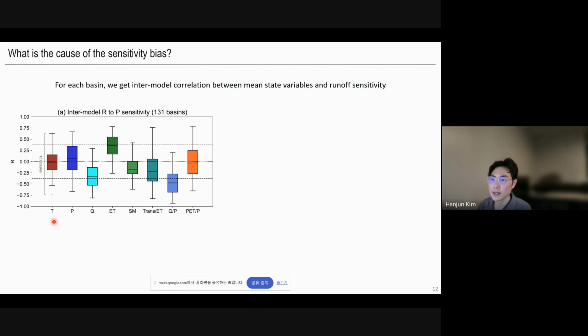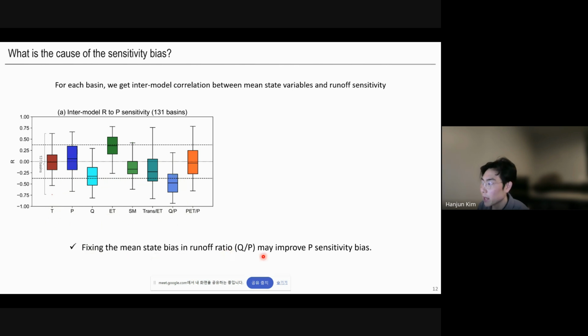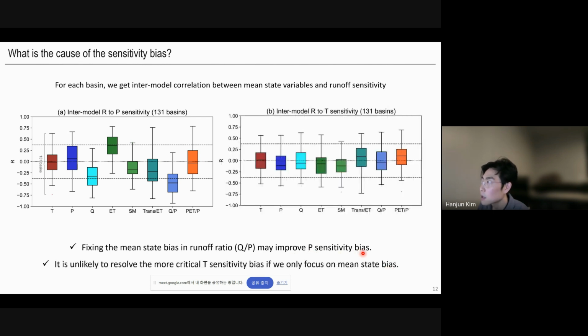Here the x-axis is each mean state variable and the dashed line is statistically significant correlation. So as you can see, only the runoff ratio has significant correlation. And this indicates that fixing the mean state bias in runoff ratio may improve the precipitation sensitivity bias.